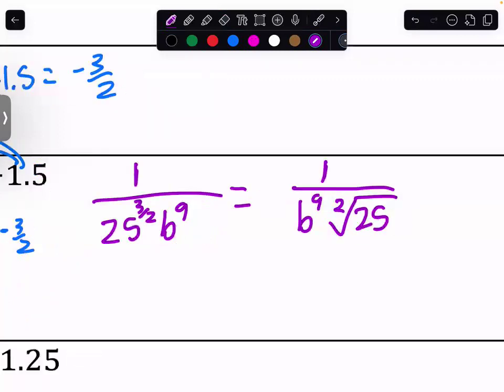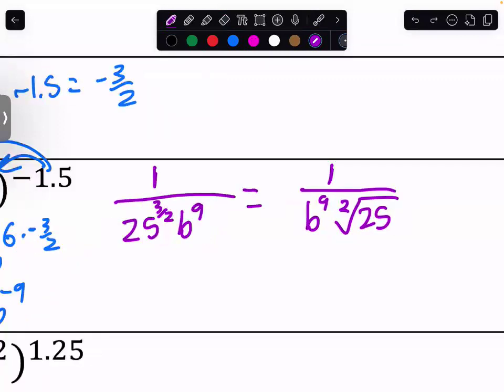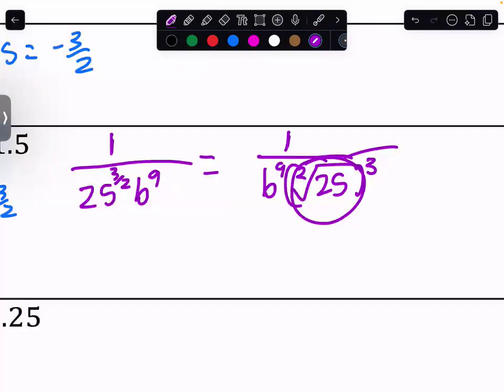Okay, so you have two choices. The exponent of 3, you can put it inside or you can put it outside. I would recommend putting it outside, because if you put it inside, 25 to the third power is a really big number. But if you put the 3 on the outside, then you first square root the 25, which makes the numbers a lot smaller.